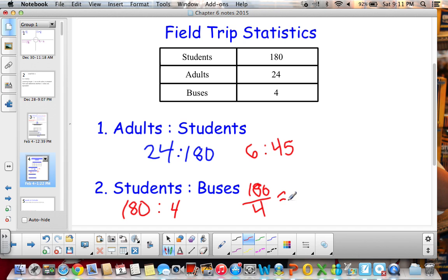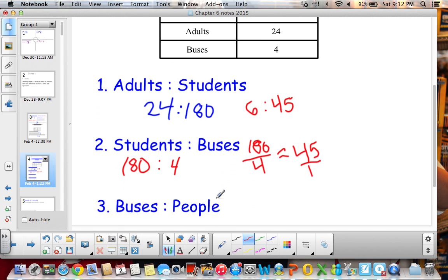So 180 to 4. We can rewrite it like this. And I know that 180 divided by 4 is 45. So that tells us, and we're going to leave it like this, that there were 45 students for every one bus. So on every bus there were 45 students.